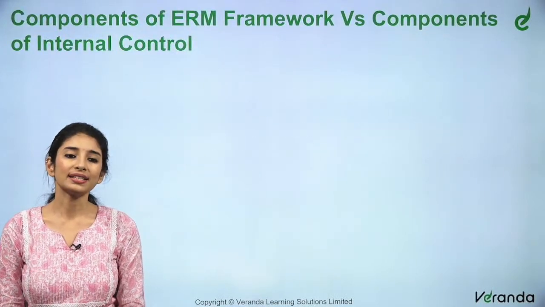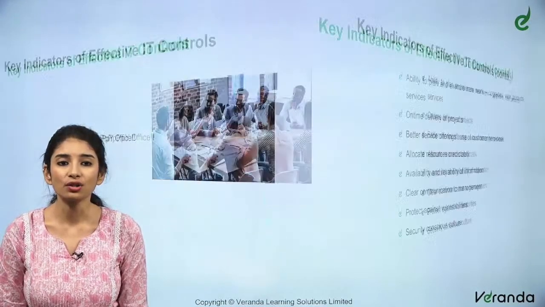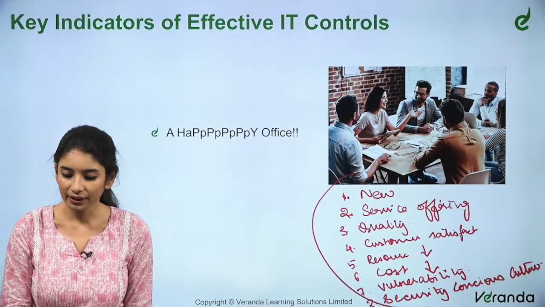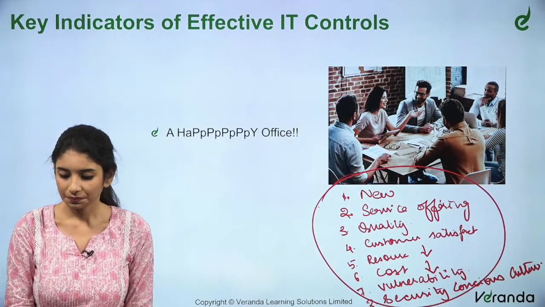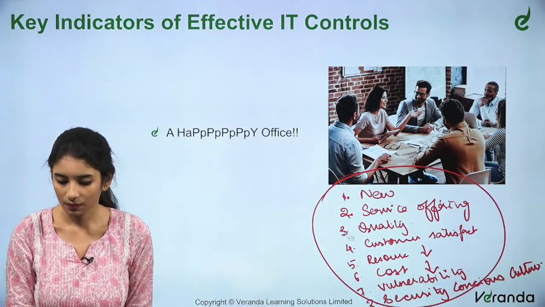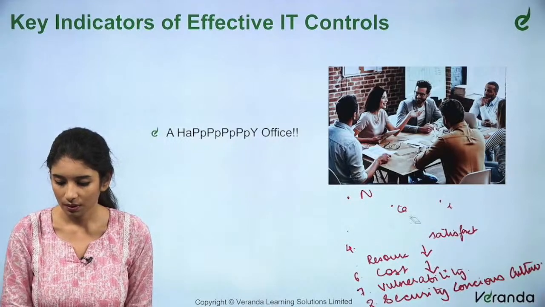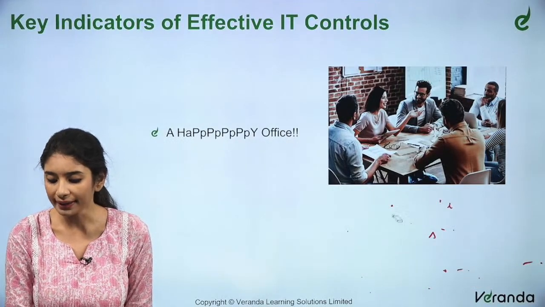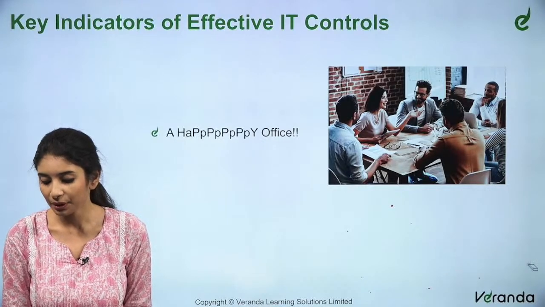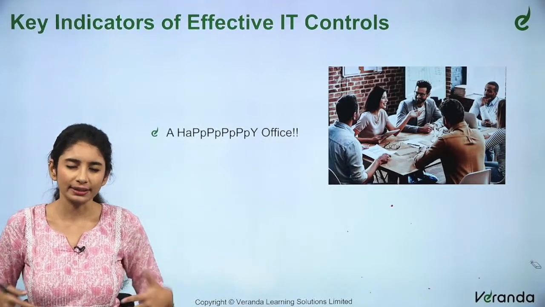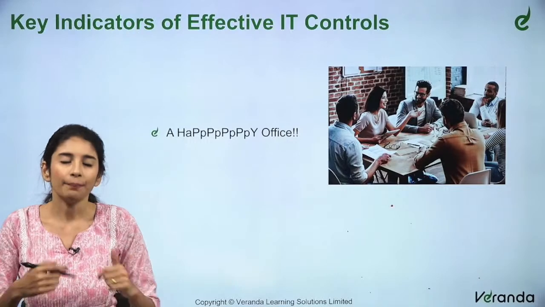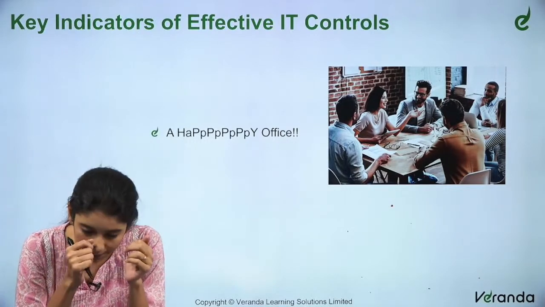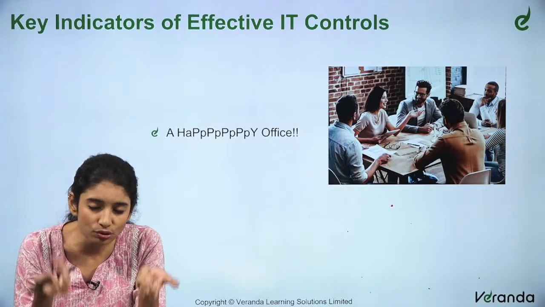The question is key indicators of effective IT controls. Point number 1, new work can be undertaken. Point number 2, on-time delivery of projects, better service offerings. Use of customer help desk. Resources are used optimally.